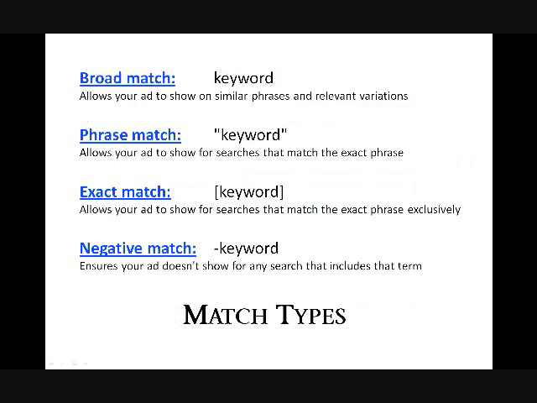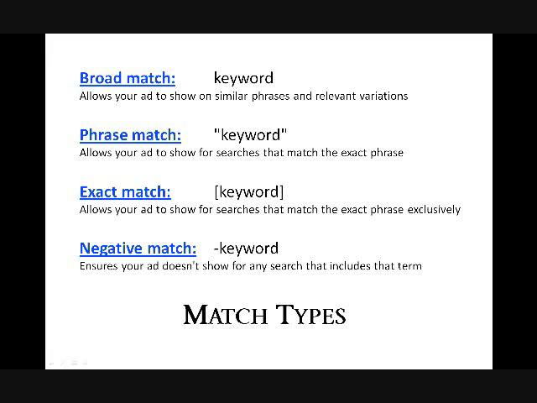Another feature you might consider is called match types. This allows you to better narrow when your ads might appear. The default when you enter a keyword into the system is what's called broad match, which means if the system feels like your keyword is a relatively good match for a search someone's doing, even if it doesn't match it exactly, it may show your ad.